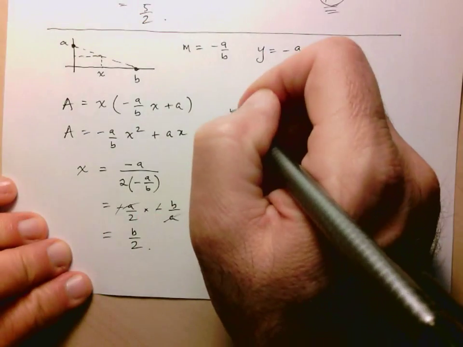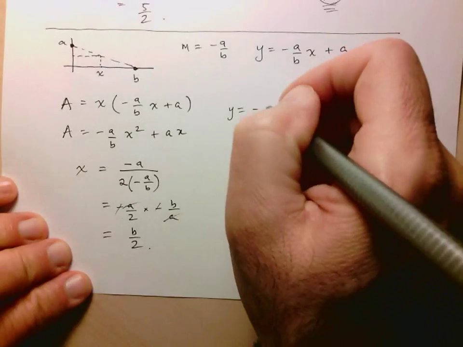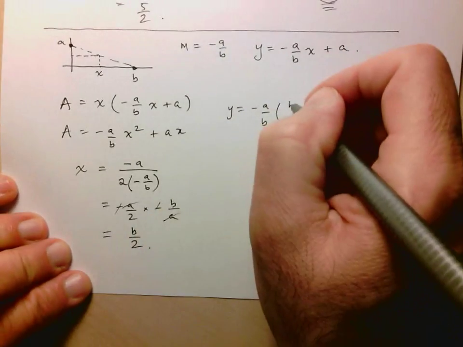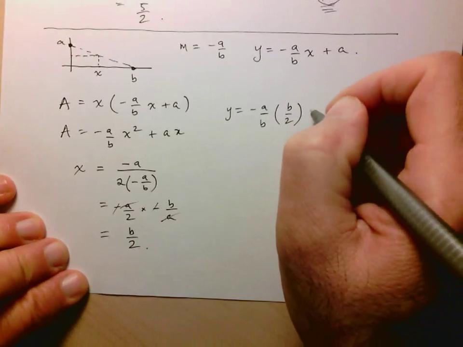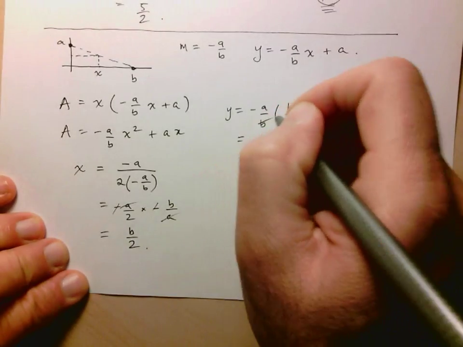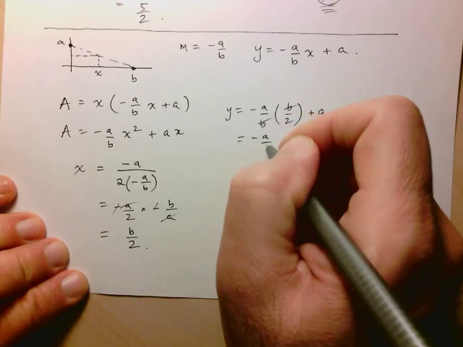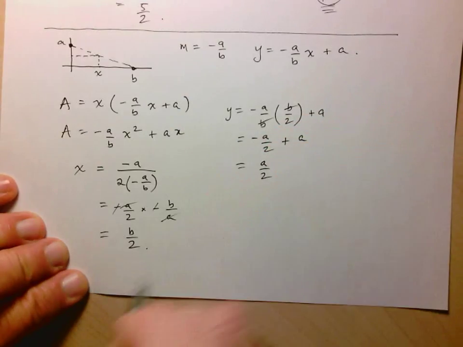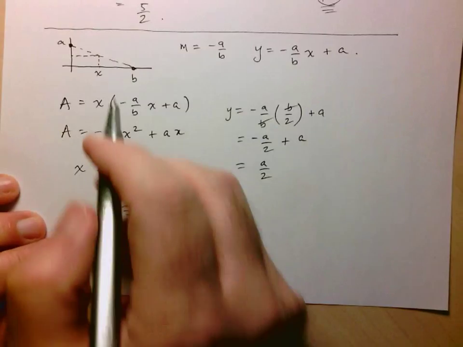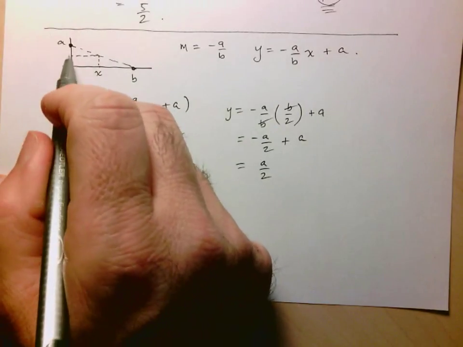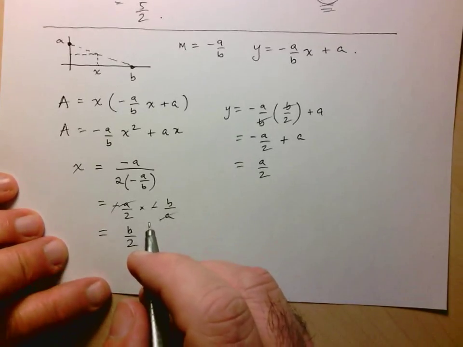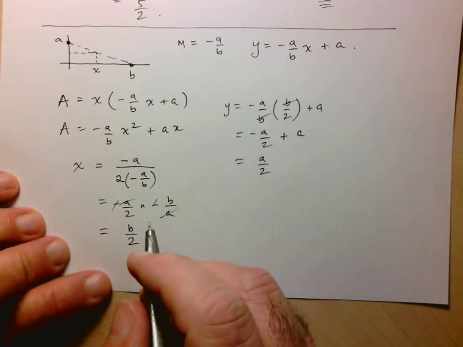Okay, let's see if we get exactly half the length of a. Okay, so let's calculate that y value. So -a/b times b/2 plus a. The b's cancel out, so -a/2 plus a is just equal to a/2. Okay, so the height of this rectangle is going to be exactly half the height of the triangle. And now let's see if the area is going to be half.